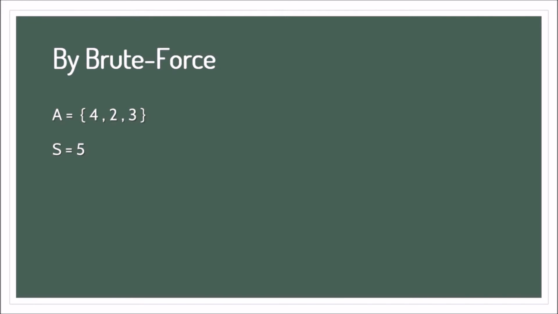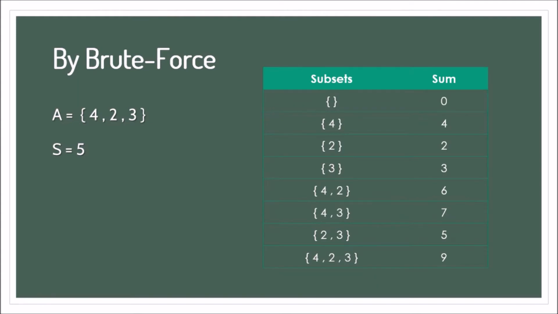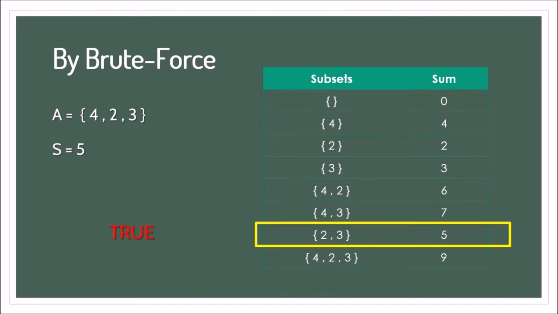For example, set A containing 4, 2, 3, and sum is 5. First, we will create all subsets of the given set, then get the sum of each subset. The output is true because of the subset containing 2 and 3.